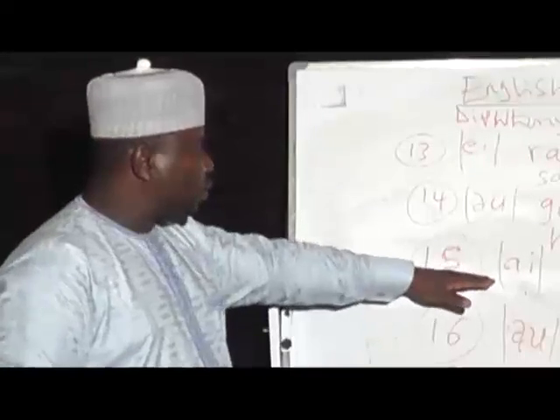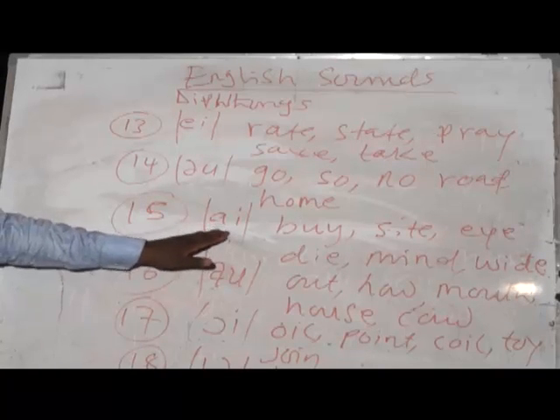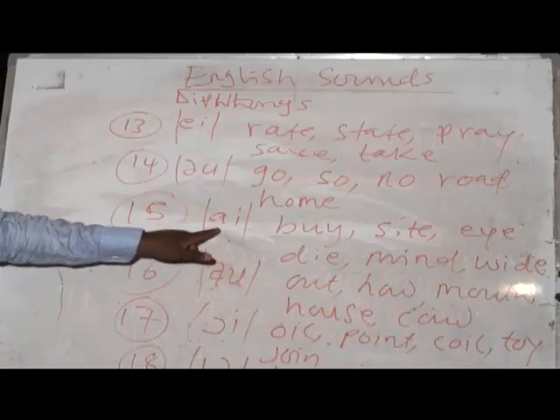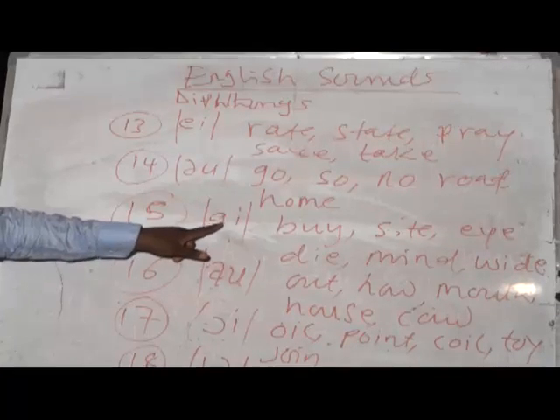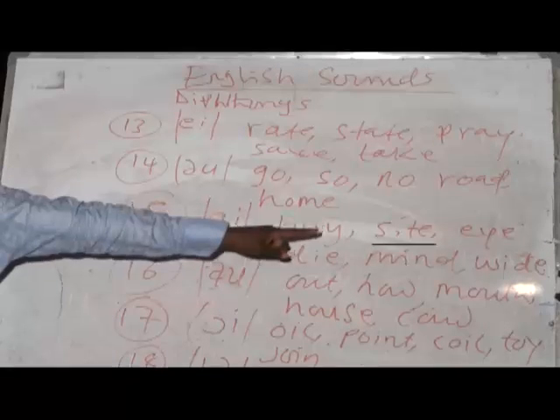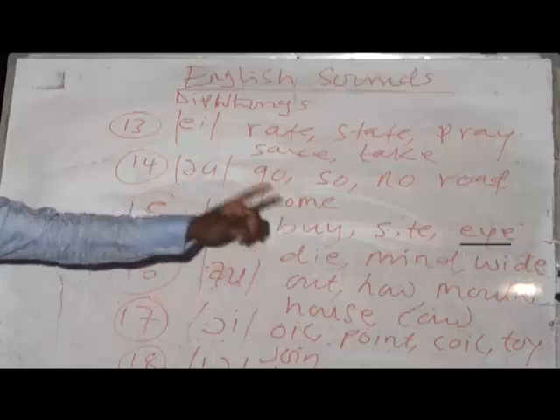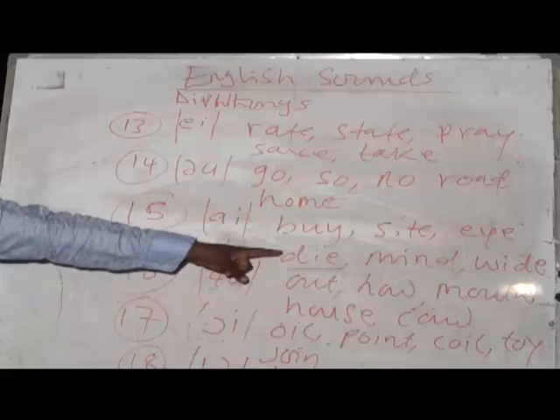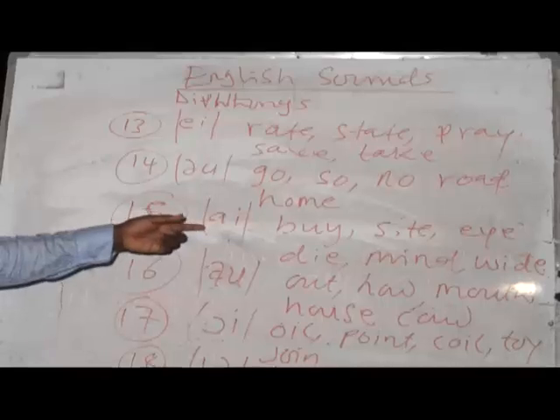So let's quickly go to diphthong number 13, which is I. A and E. So you have it as I. Buy, sight, I, die, mind, why. All these words take this diphthong.